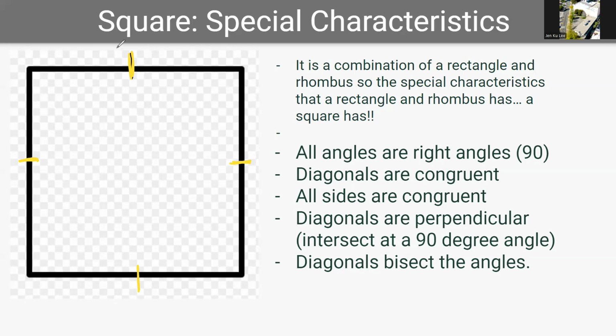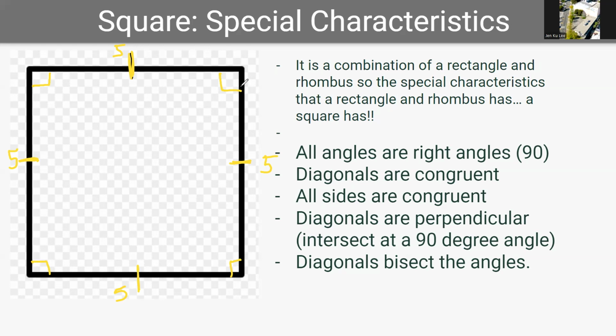So if I know that that's 5, I know that this is 5, I know that this is 5, I know that this is 5, right? All the angles are right angles, just like a rectangle. Okay, so it's going to have all of the characteristics of a rhombus and a rectangle.